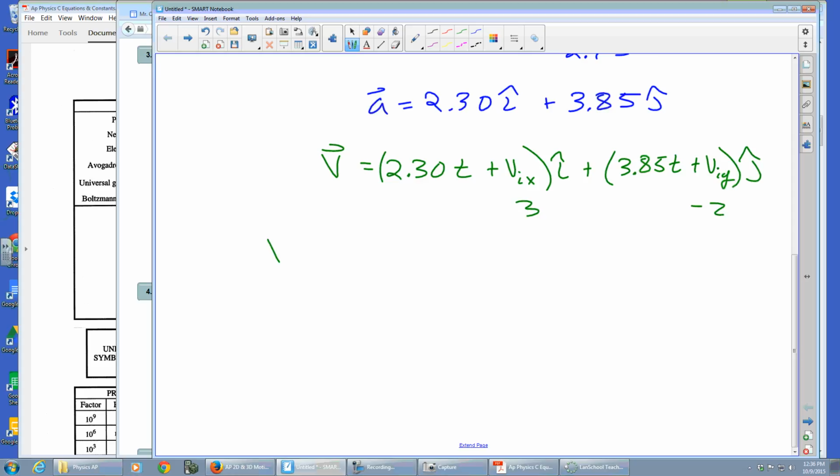So I end up with 2.30 t plus 3. This should all be meters per second, by the way, plus 3.85 t minus 2 j.